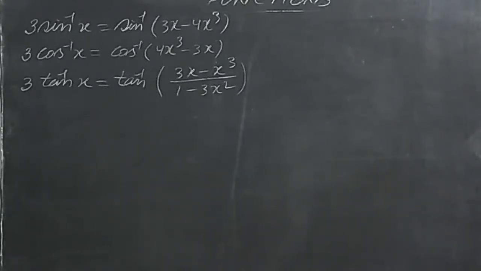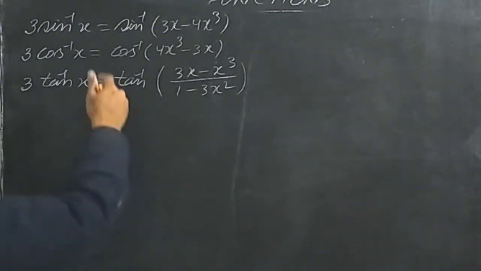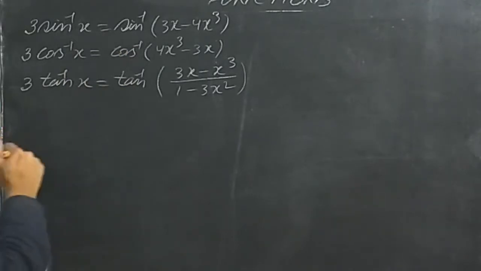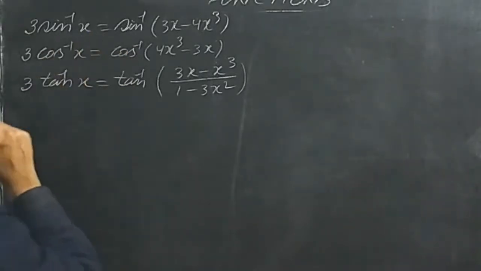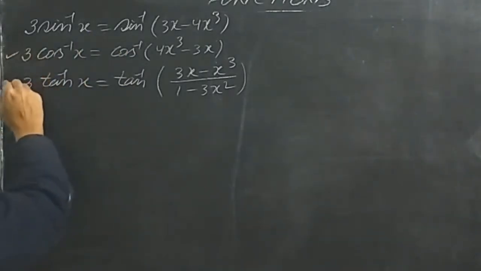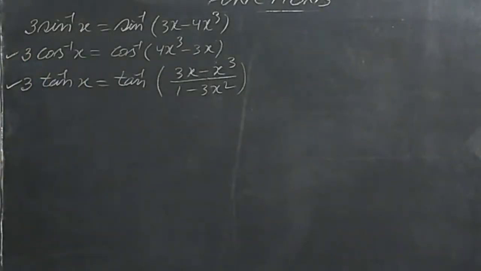So let us try the second one and third one, because every time I was leaving the second one for you. This time I am leaving the first one for you, and I will explain the second and the third one.